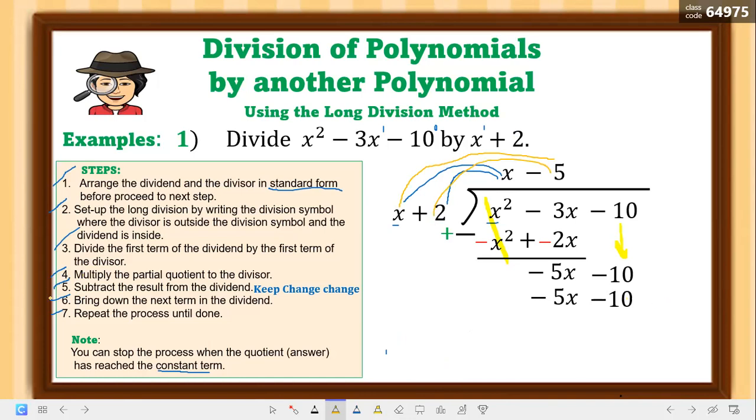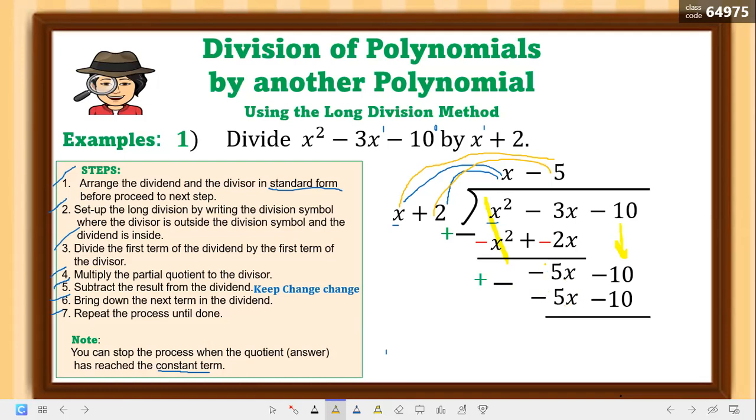And then, dito na tayo subtract. Okay, apply ulit natin yung keep, change, change. Kailangan na-master nyo yung mga basic law na ito, no, sa integers. And we have this, magre-reverse yan ng operation. Since minus yan, magiging plus na yan. At lahat ng iyong subtrahend, magre-reverse ng sign. Since negative yan, magiging positive na sila. Okay, and then you can now add.